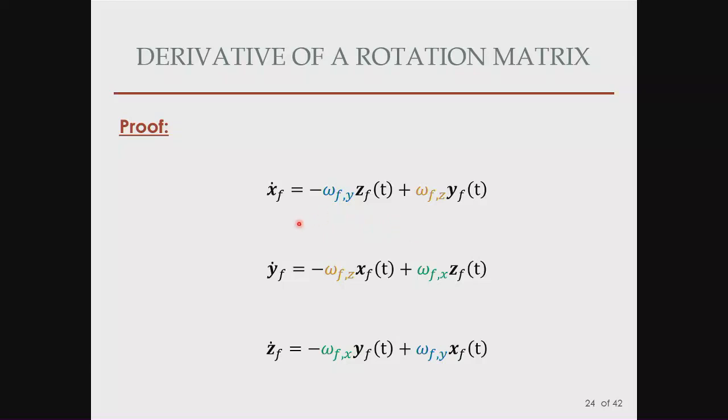And here, these are the changes of the axes over time expressed using the axes themselves. So let's say xf dot: if this is xf, next moment it's here, so xf dot is like that. It is some combination of yf and zf. If yf and zf are like this, it is some combination of these directions, and that combination depends on omega fy, omega fz.